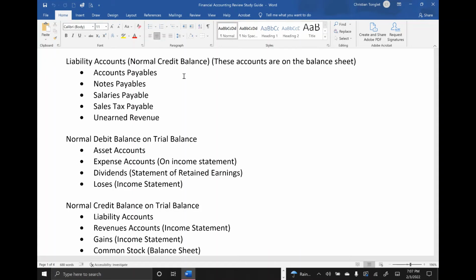Then we have our notes payable. So notes payable is just like the notes receivable, something that is going to be paid over a period of time. So you'll have a set term, a set monthly payment. Sometimes it includes interest, sometimes maybe not, depending on what it is.